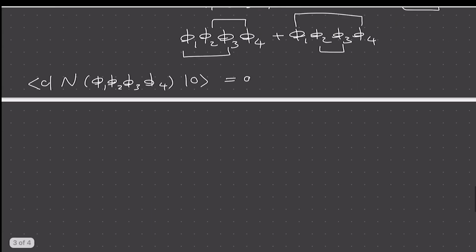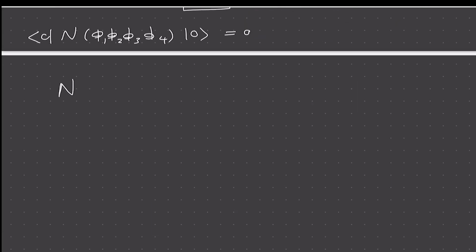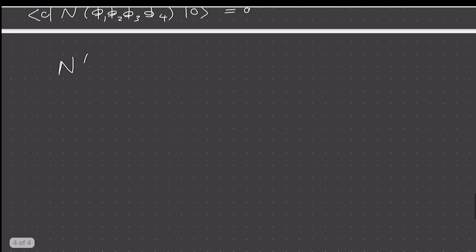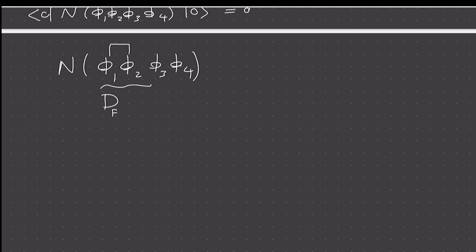What about this term? What is the meaning of normal ordering of, let's say, phi 1, phi 2, phi 3, phi 4, with the first two contracted? This term is like D_F of x1, x2. So you're going to have normal ordering of D_F of x1 minus x2, phi 3, phi 4.